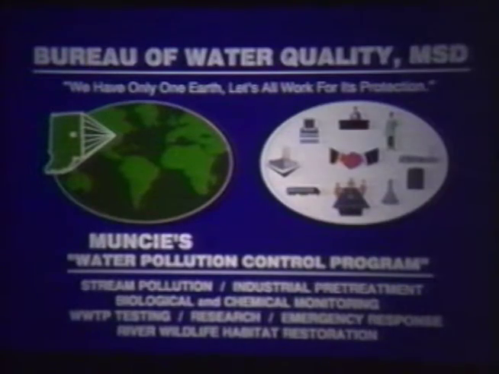The Bureau of Water Quality is an interdisciplinary local water pollution control agency that now handles everything within the White River: stream pollution, industrial pretreatment, biological monitoring, wastewater plant testing, research, emergency response teams, and river wildlife habitat restoration. The river wildlife habitat restoration started about 4 or 5 years ago.